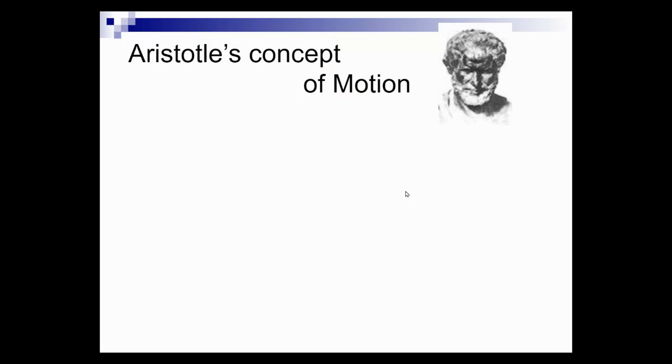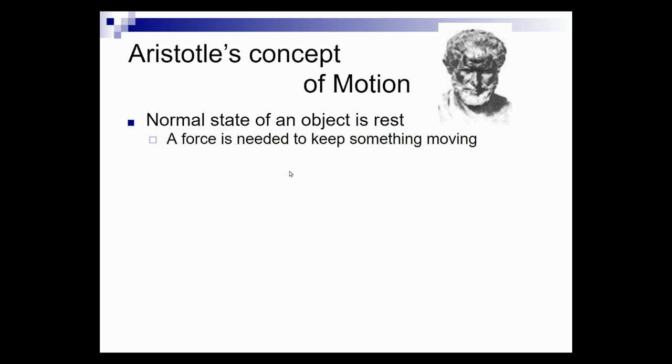The history of motion starts with Aristotle and his concept of motion. Basically he said that an object's normal state is when it's at rest, and a force is needed to keep something moving, so without that, it's not going to happen.